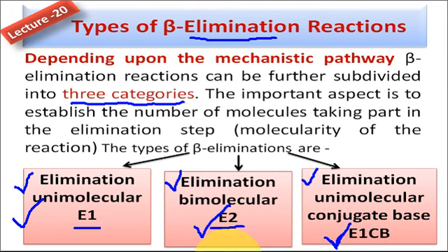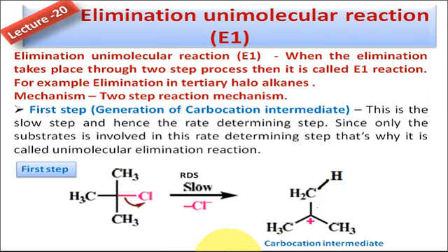Now let us start with the elimination unimolecular reaction, that is the E1 reaction. By the name we can understand that in the rate determining step of this reaction only one molecule is taking part. The kinetics of this reaction is first order kinetics.